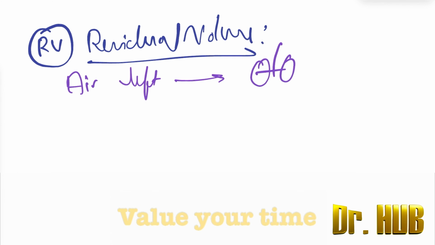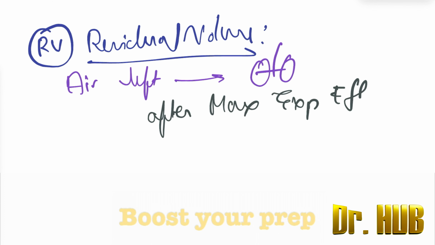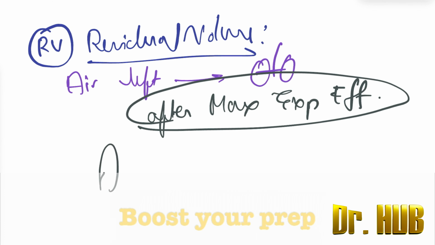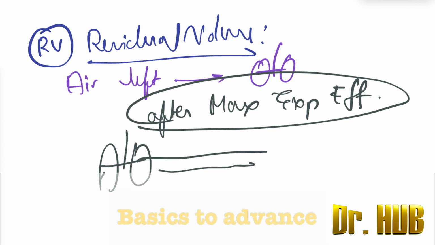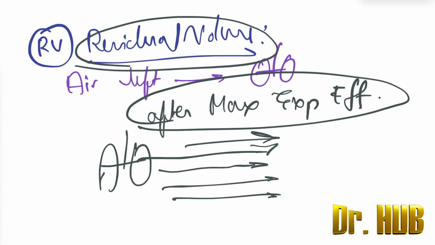The individual continuously tries with maximum effort to expire, to remove all the air from the lungs, and whatever is left is known as the residual volume. This amount is about 1.2 liters.